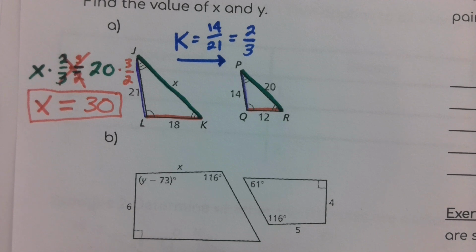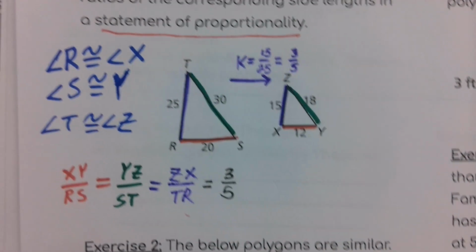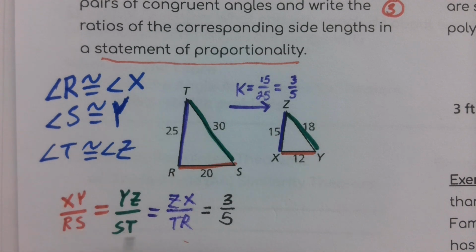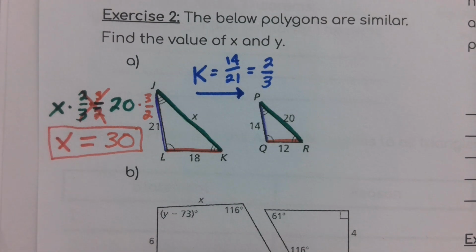Another way you could do this problem is as follows. Actually, I'll do it right here. We have enough space. Another way to solve this problem is to set up something called a proportion. Remember our statement of proportionality and how it was a bunch of fractions equaling each other? Well, a proportion is just two fractions that equal each other.